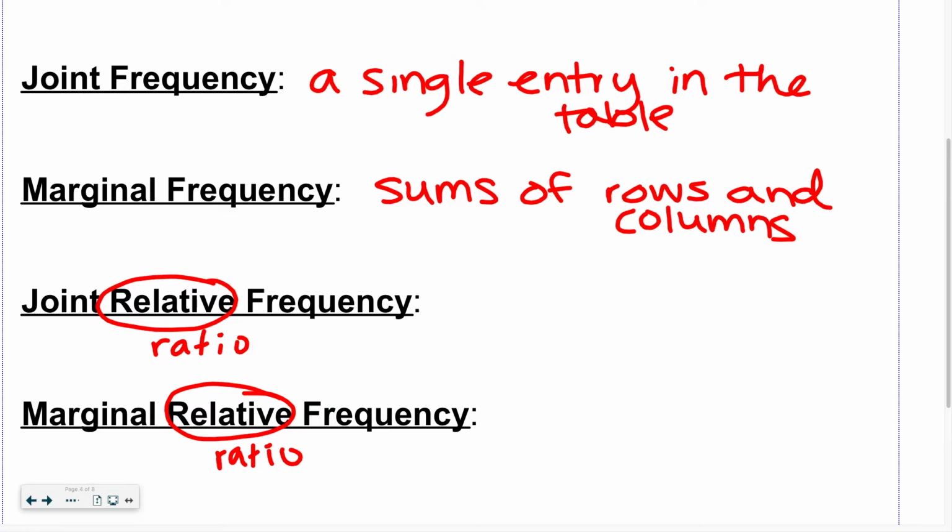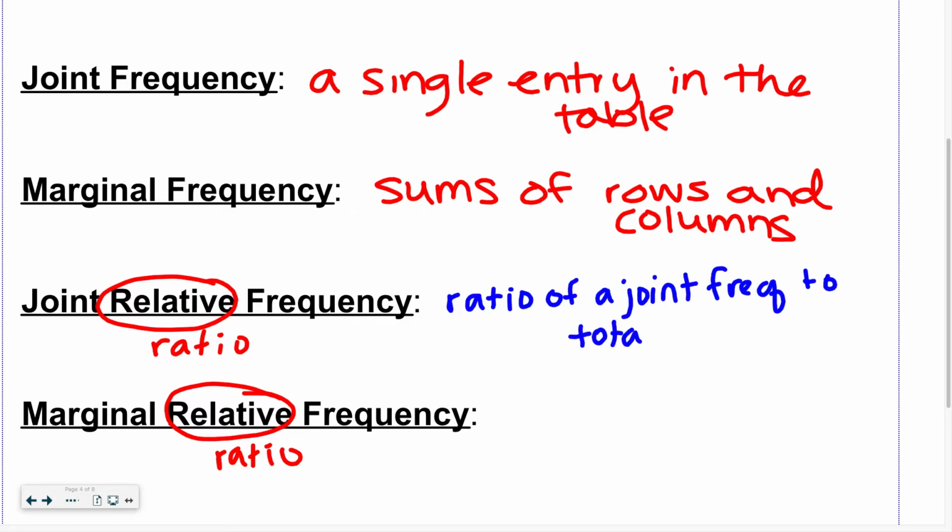So for a joint relative frequency, I would say it's the ratio of a joint frequency to total outcomes. Oops, can't spell.